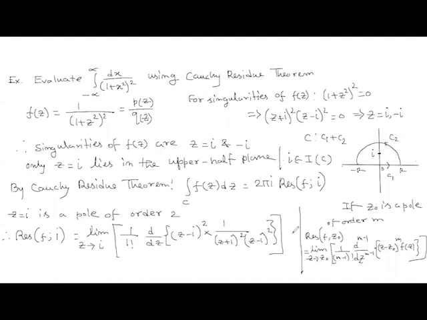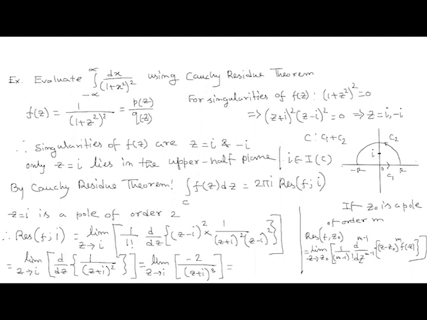Here the value of m is equal to 2, so we are getting this expression. If we simplify, then we'll get the limit as z tends to i of 1 factorial, this cancels out, and we are getting d/dz of 1 by (z plus i) whole square, which is equal to the limit as z tends to i of minus 2 by (z plus i) whole cube.